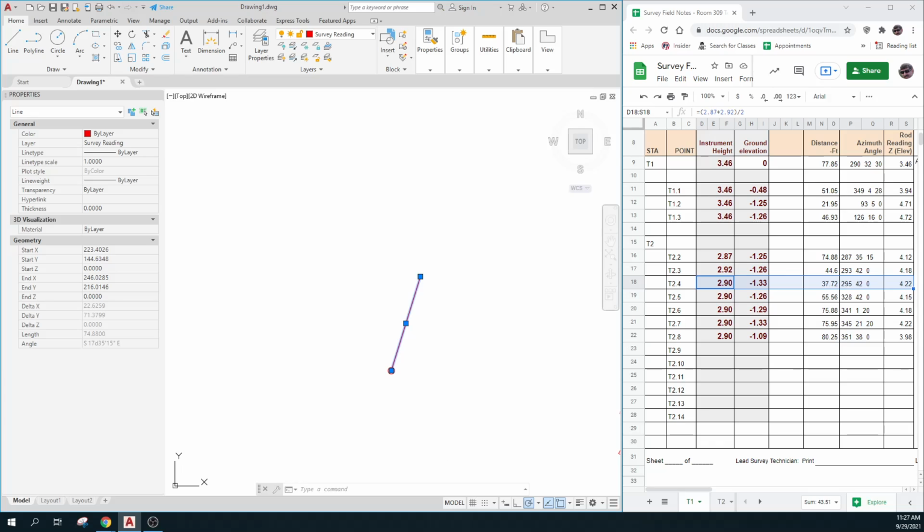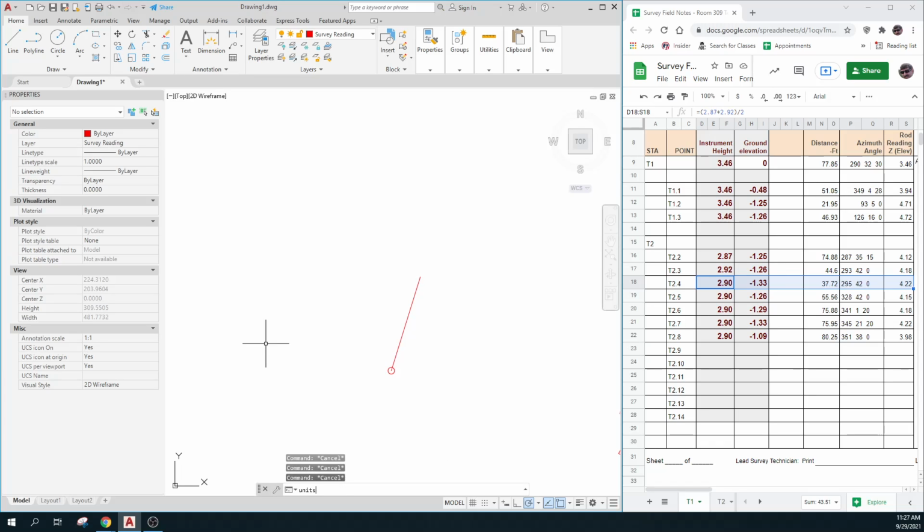Oh, somehow I'm on surveyors. That's why my units are just wrong. It's because my units are wrong.